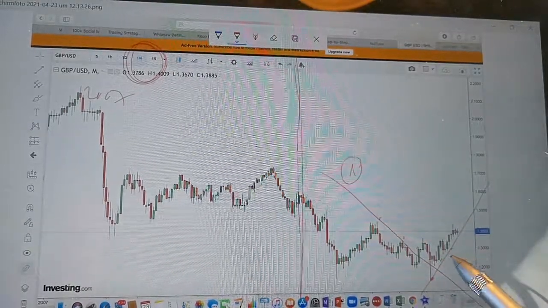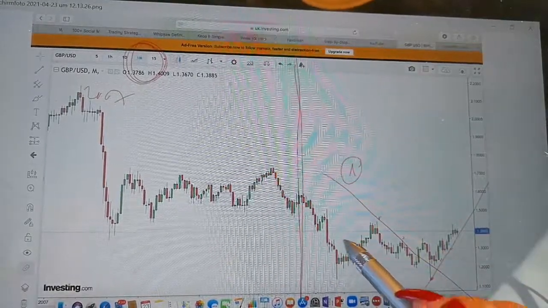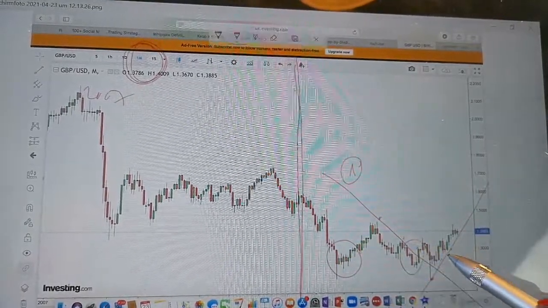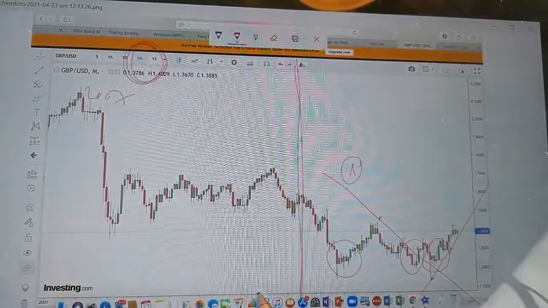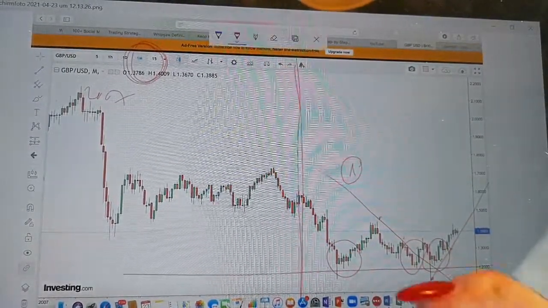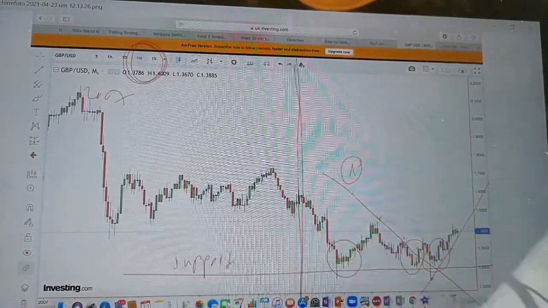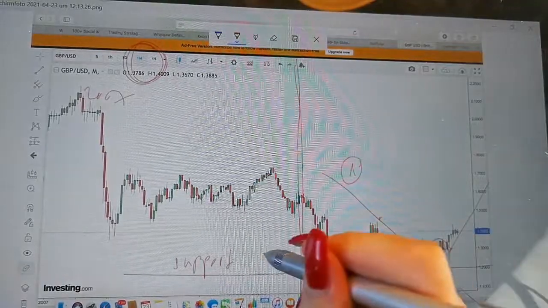But I can also see this. The same bottom happened here, here, and here, right? That means this seems to be like a support line. Wow, you can't read it, can you?